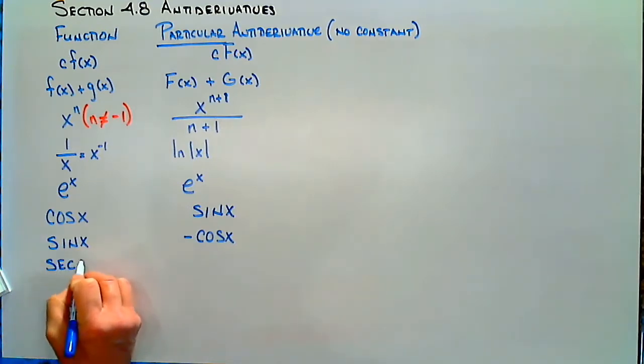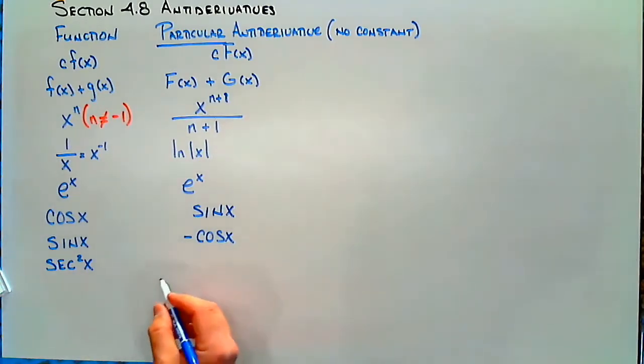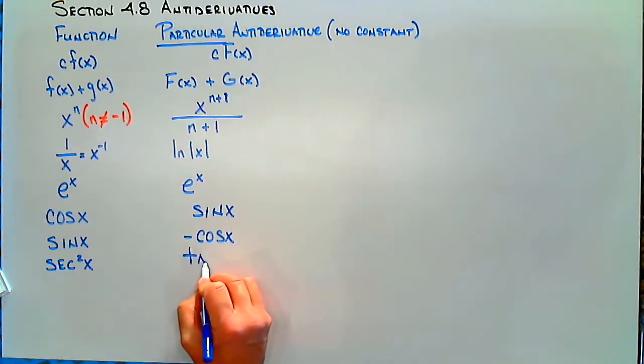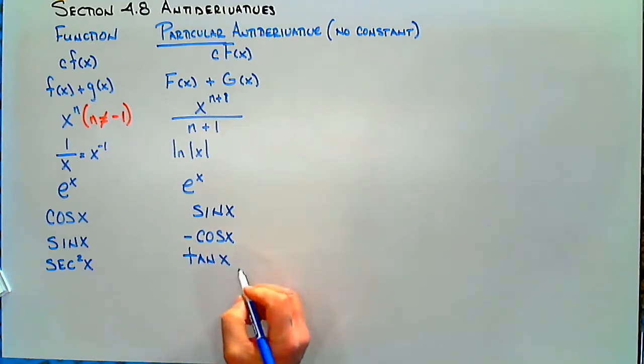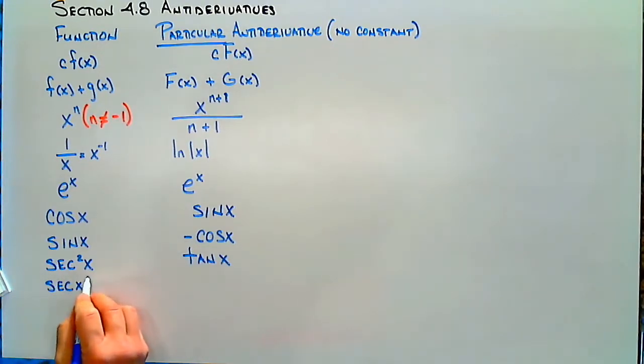What about secant squared x? Who do you take the derivative of to get secant squared x? Right? Somebody's derivative is secant squared, and that is tangent. Secant x, tangent x.